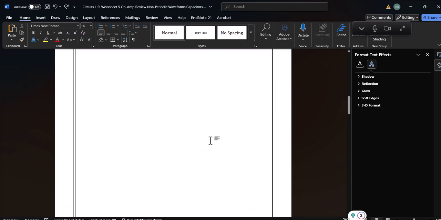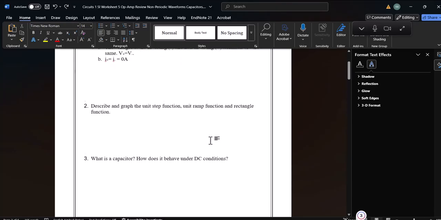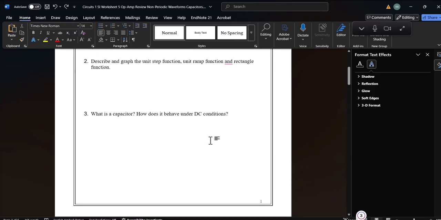I wanted to talk a little bit about capacitors because that's the next thing that y'all are doing. So I wanted to remind y'all of what a capacitor is. A capacitor is any time you have two conducting bodies separated by an insulator.